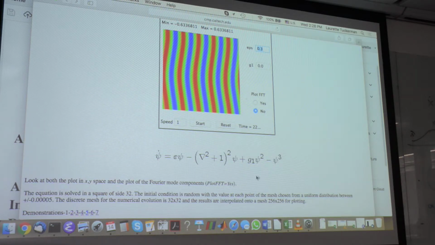Your QC is 1. We had a cubic term. We said that was the simplest saturating term. But here's a quadratic term, and that's the G1 that I said is 0 here and was not present for the hexagons. And you'll understand that very shortly, the presence of this quadratic term or not. Okay?